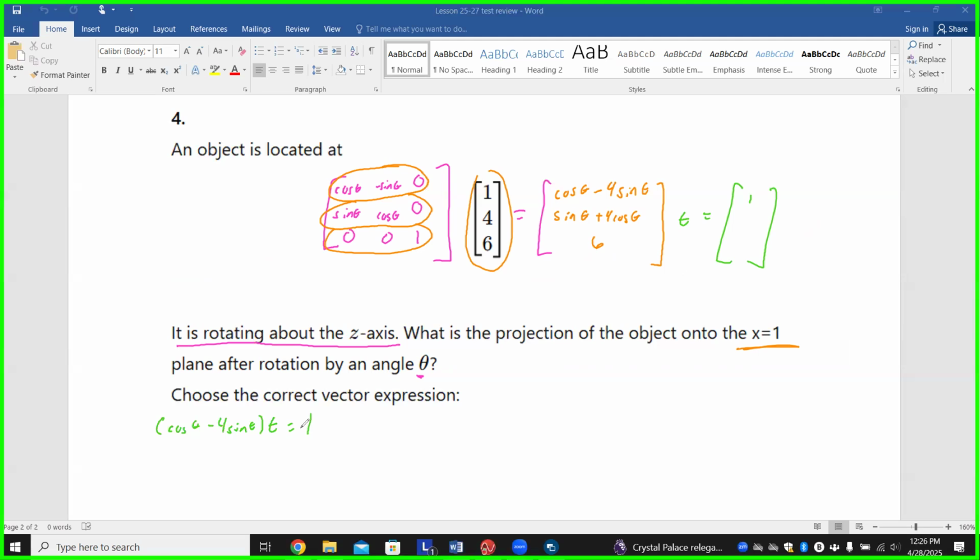Right? Now, if I'm multiplying it by the entire thing, how would I then get rid of it? Divide by the entire thing. So now I'm going to divide by cosine theta minus 4 sine theta. That would go away.